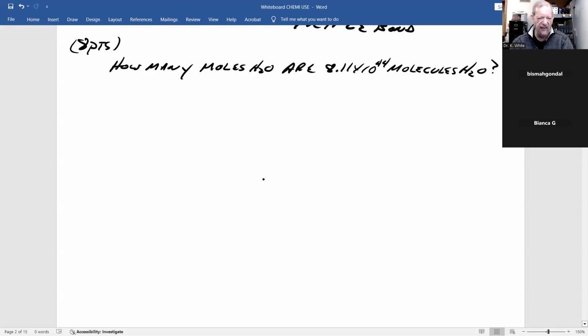As you've seen in my videos, the first thing I like to do when I'm solving a problem, which we're doing right now, is ask what are we being asked to find unit-wise? And I use a question mark to designate that. We're trying to find moles of water.